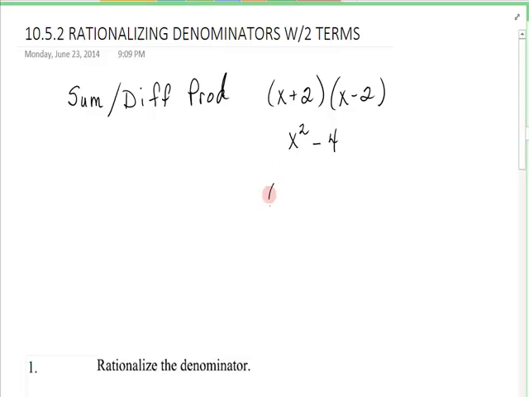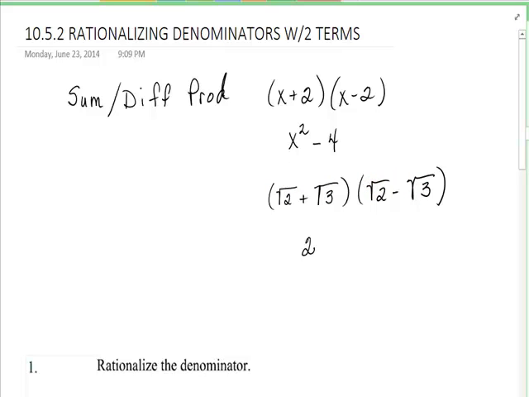Let's suppose that we multiply the square root of 2 plus the square root of 3 times the square root of 2 minus the square root of 3. Sum, difference of the same quantities. The square root of 2 times the square root of 2, please remember, square root of 2 times itself, the radicand pops out, and that's equal to 2. The outer product and the inner product, the outer will be negative square root of 6, the inner will be positive square root of 6, but we don't have to worry about that.